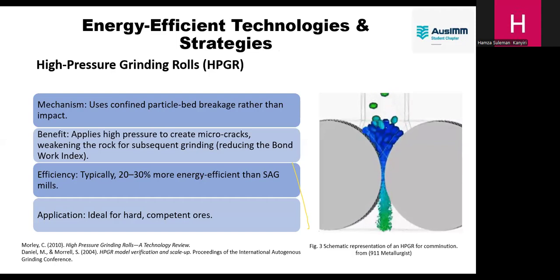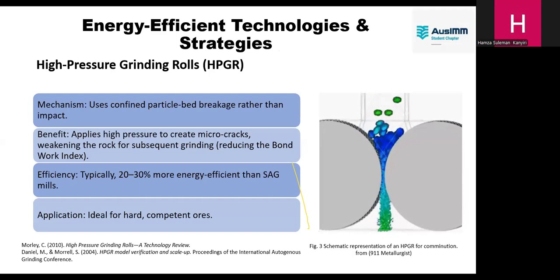So this helps us get low circulating load, improve circuit stability, and is ideal for competent or hard ores. And it also applies interparticle compression. Like I said, it uses compression and not impact or abrasion. So instead of impact, it uses compression.